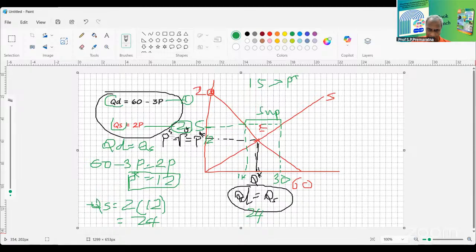And if the price is below the market price, let's say $10, there you can also see another gap here. At $10, the supply in this example becomes 20, with 10 multiplied by 2 is 20, and the demand is greater than supply at $10.